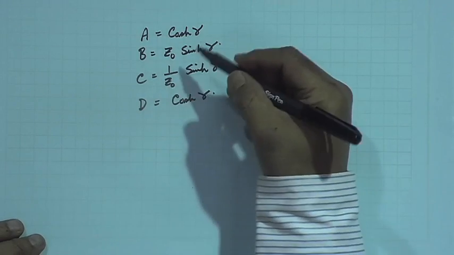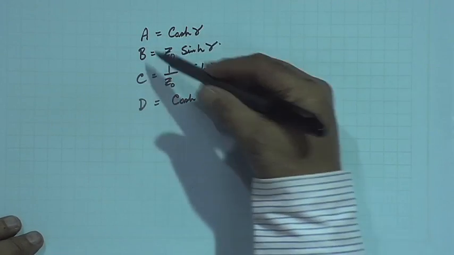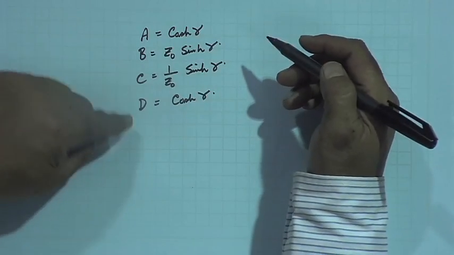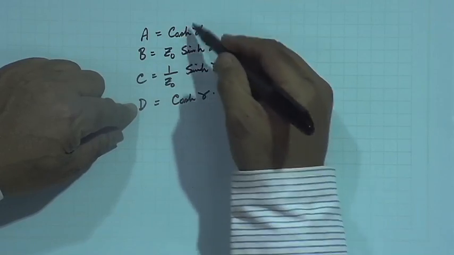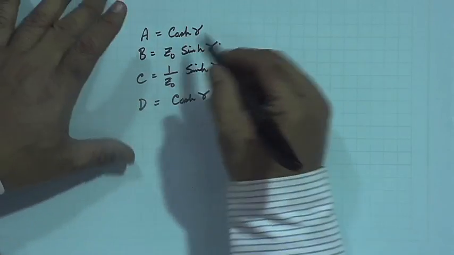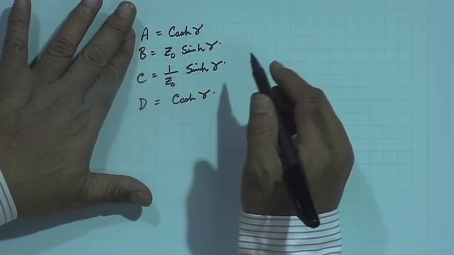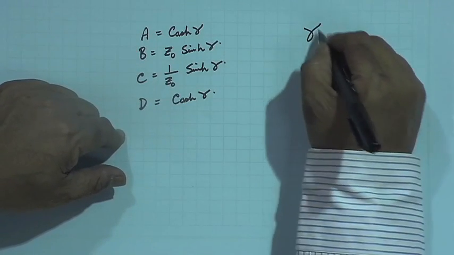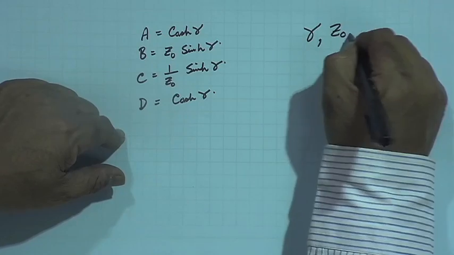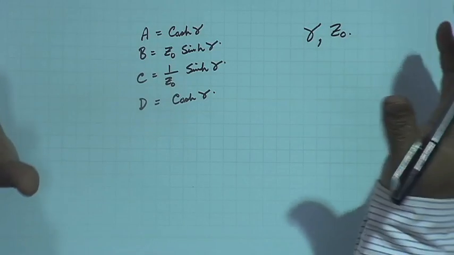So, you see that actually the D parameter was not needed because A is equal to D for a symmetrical network, and this is the description that any ABCD parameter I can express in terms of two quantities gamma and Z0. So, that is the beauty.